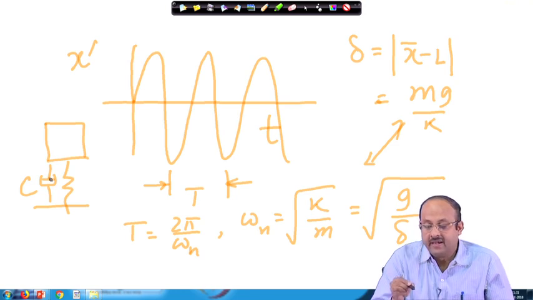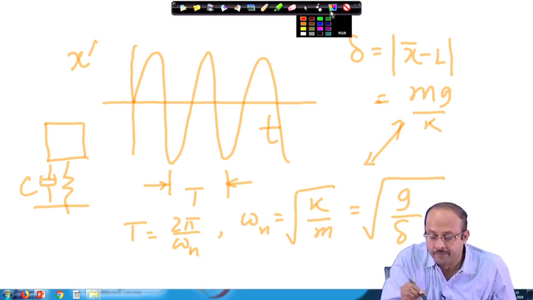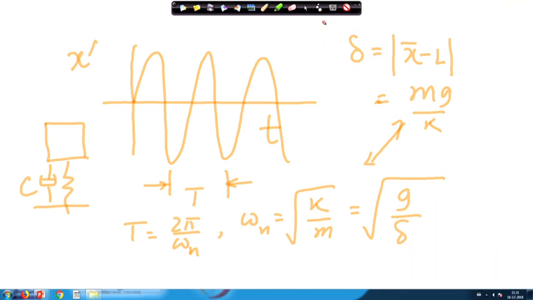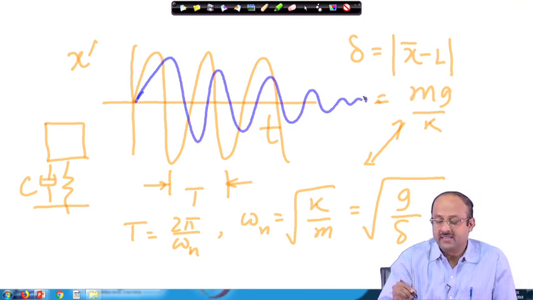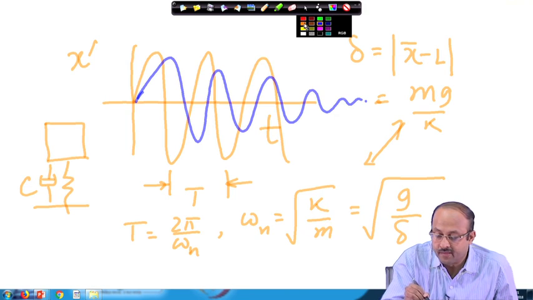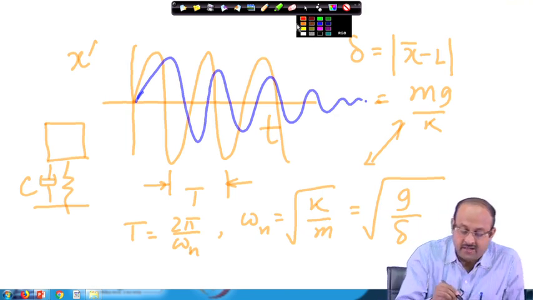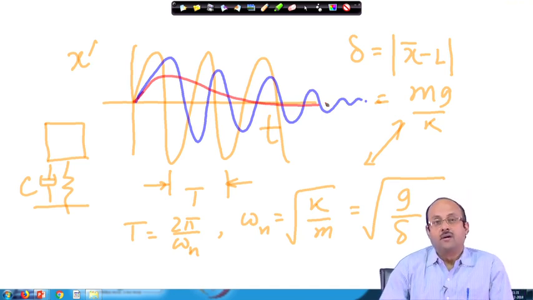If the damping is low enough, this will keep on oscillating, but it will eventually die down. This is the underdamped situation, and if the damping is quite large, then it may so happen that it will decay without oscillation.